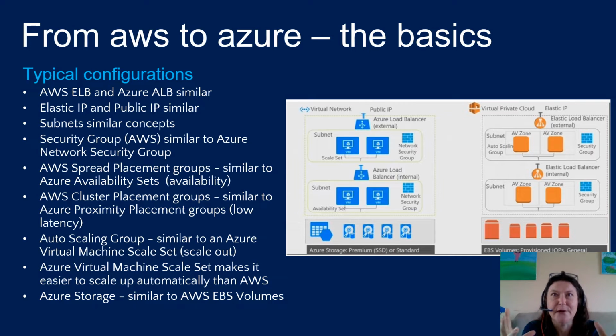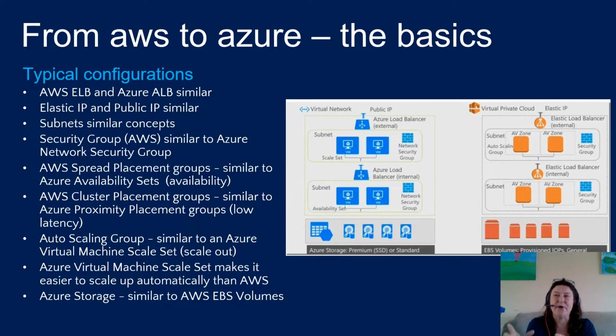So for example, it might be on a different rack, it might even be in a different location, just so that if one virtual machine goes down, the other virtual machine stays up, for disaster recovery and business continuity purposes and so on. So in AWS, that's called a spread placement group, and in Azure, it's called an availability set, and it's for availability to make sure that if one goes down, the other one will still be available.